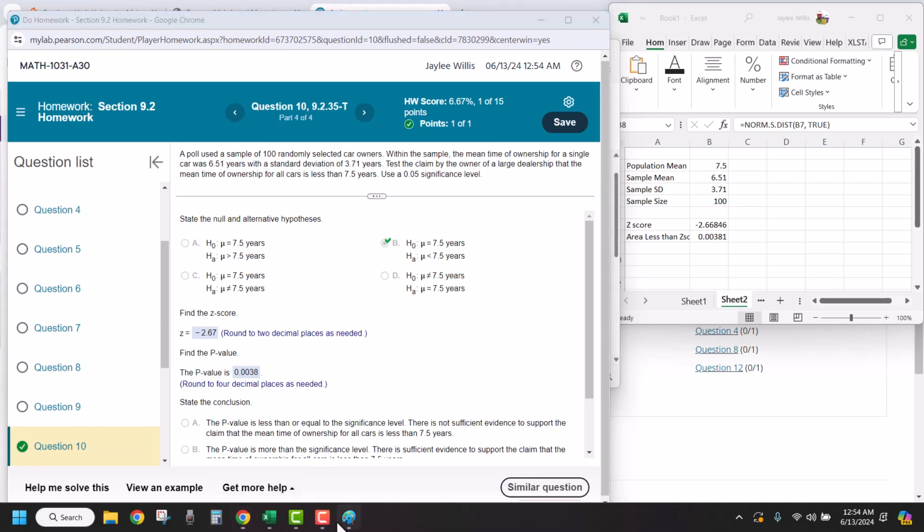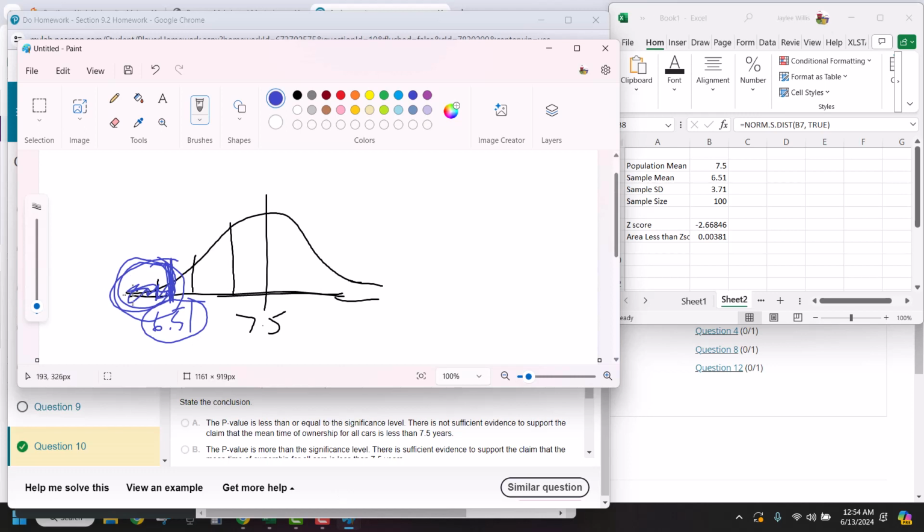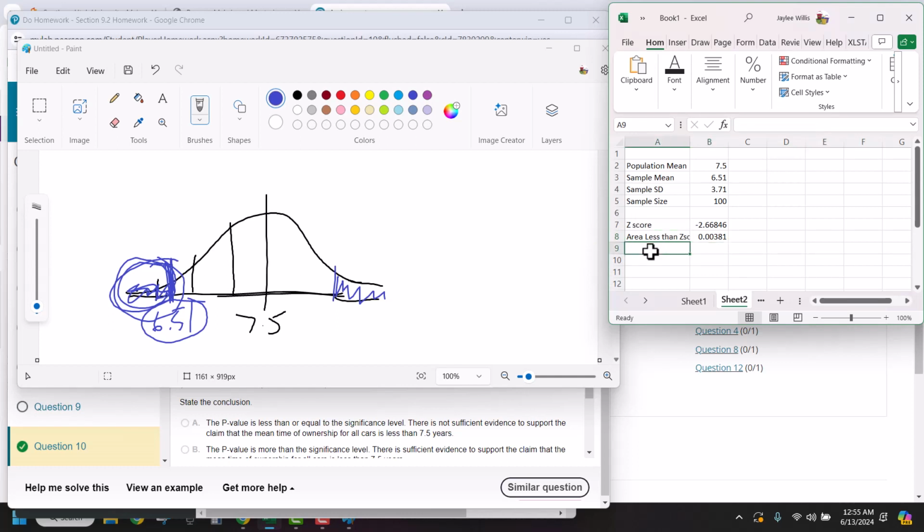And what that means is not only are you looking at the likelihood that it's less than, you're also looking at the probability that it could be significantly more than. And so if you ever have one of those, you would still use this norm.dist to find the area that's less than the z-score, but then you would double it.